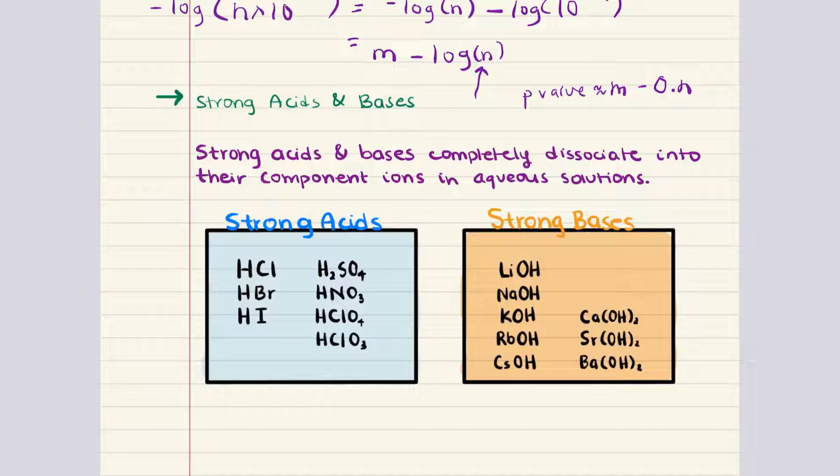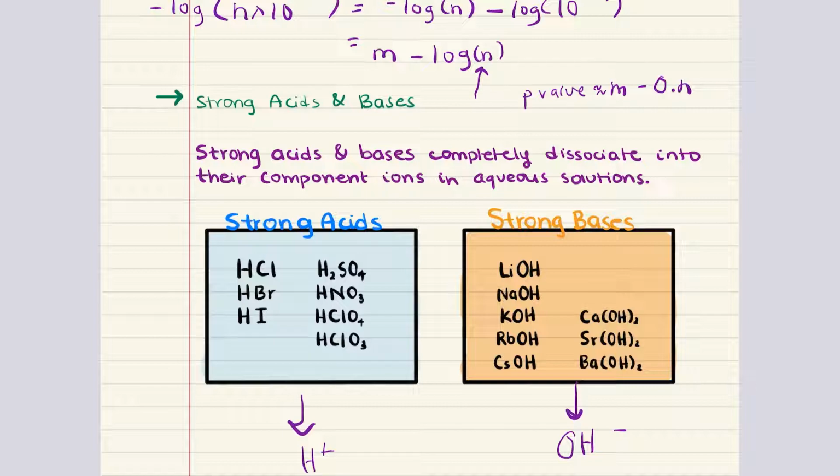Strong acids are characterized by their ability to completely dissociate in water, releasing a high concentration of hydrogen ions. This complete dissociation is what makes them strong acids. Strong bases, on the other hand, are compounds that completely dissociate in water to release hydroxide ions, and it is this complete dissociation that makes them strong bases.